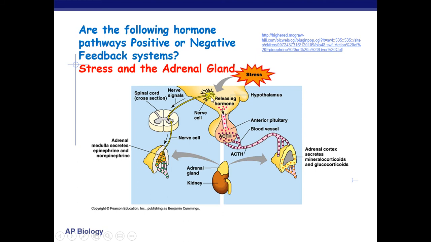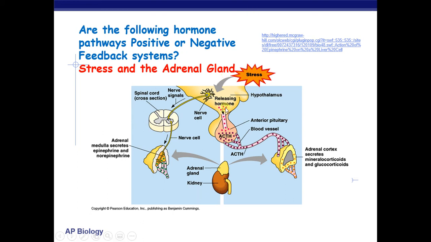And so, in the case of stress, your hypothalamus stimulates your nervous system to send a message to the adrenal glands to secrete epinephrine and norepinephrine, which will go out as first messengers into your bloodstream to cause cells to do something in response to the stress.